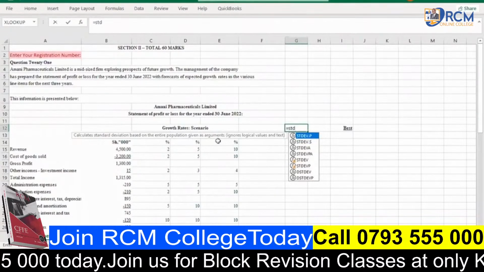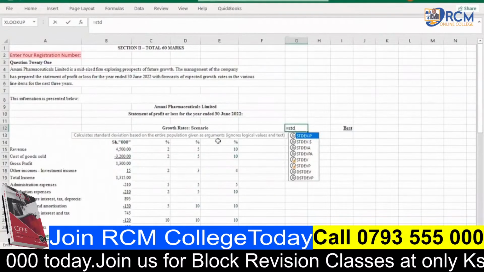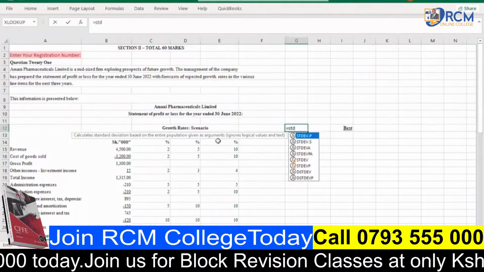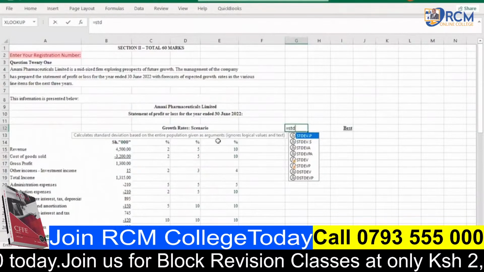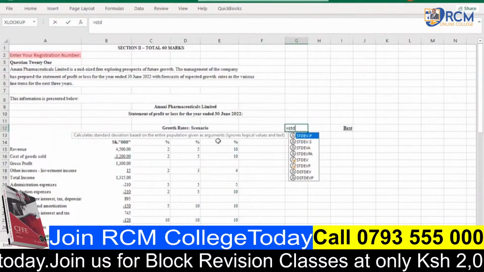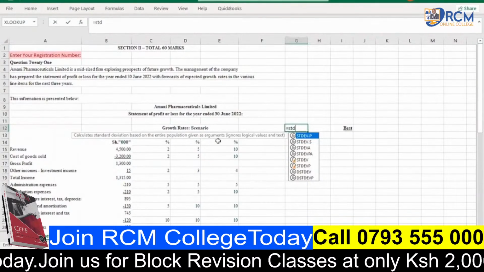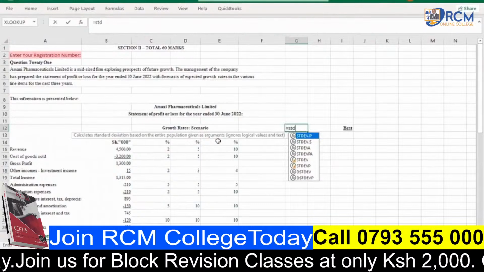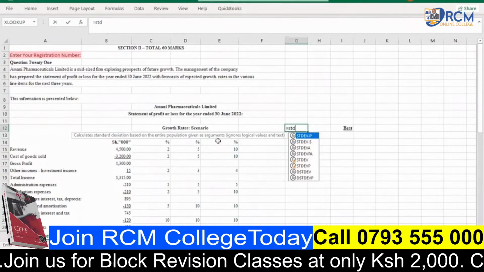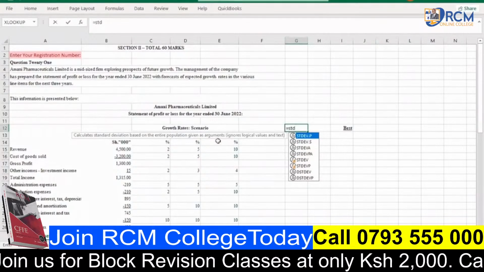So standard deviation P will help us to calculate standard deviation based on the entire population. Okay, so let's see. Is the statement given to us there true?